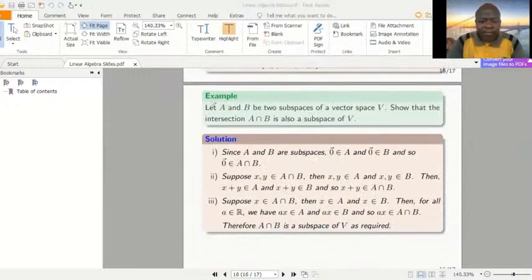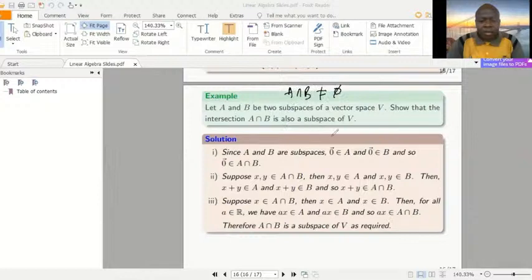The example says, let A and B be two subspaces of vector space V. Show that the intersection of A and B is also a subspace. Again, we're just going through the three axioms. So first of all, we want to show that this intersection contains 0. In other words, the intersection of A and B is non-empty.